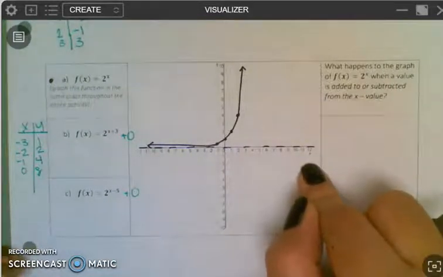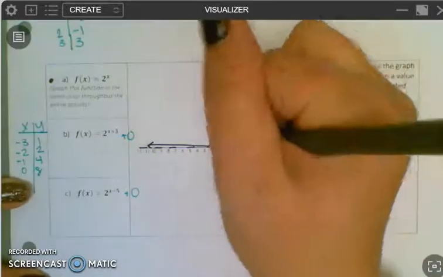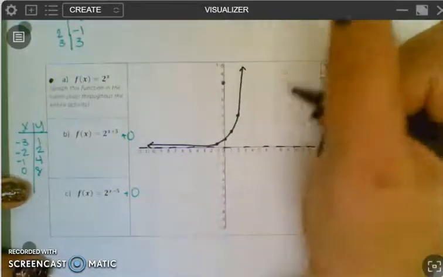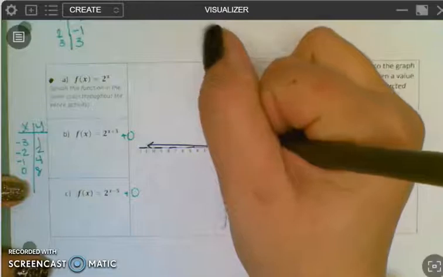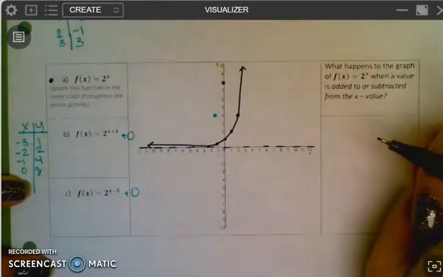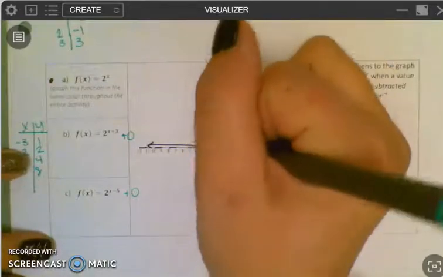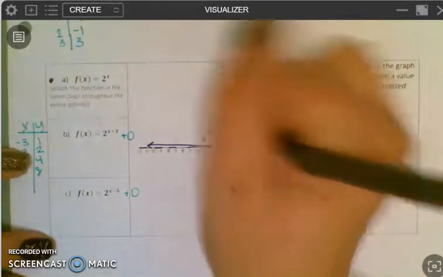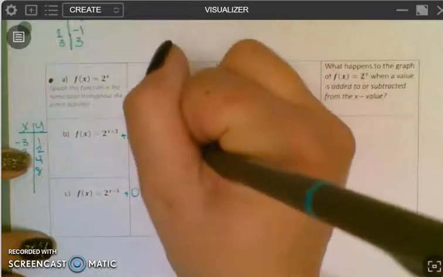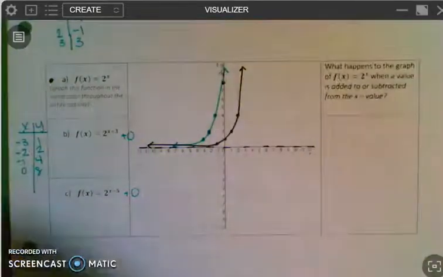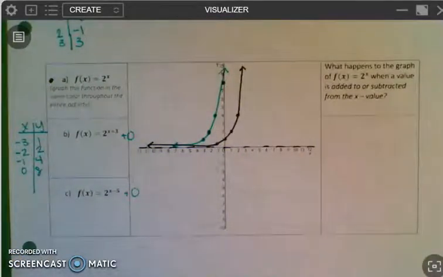So I'm not going to worry about that. Let's just graph these points. So 0 is 8, -1 is 4, -2 is 2, and -3 is 1. So your graph should look like that.